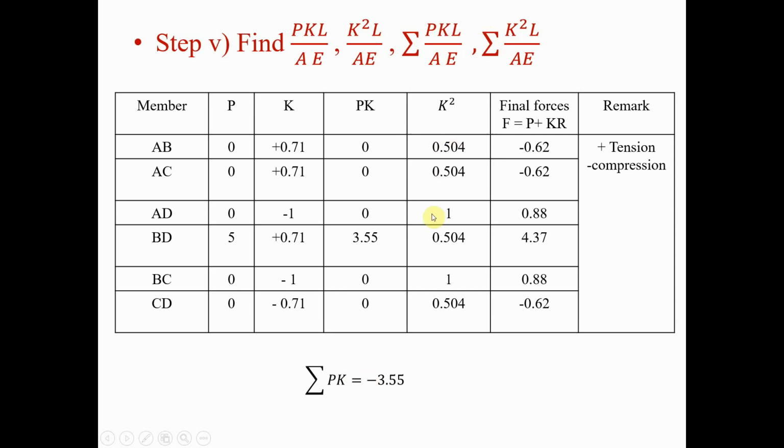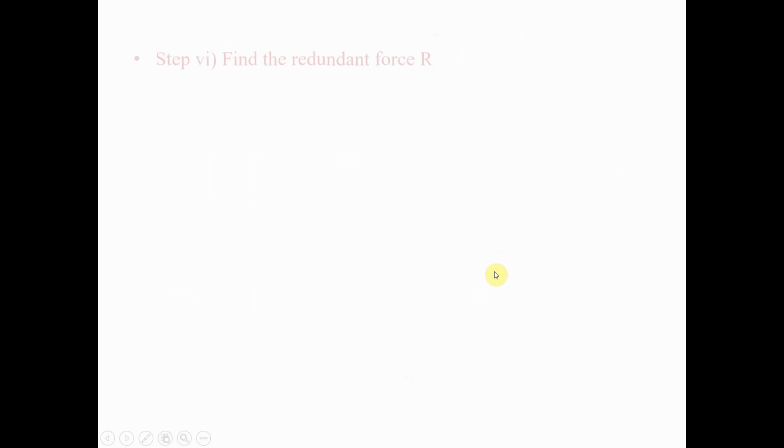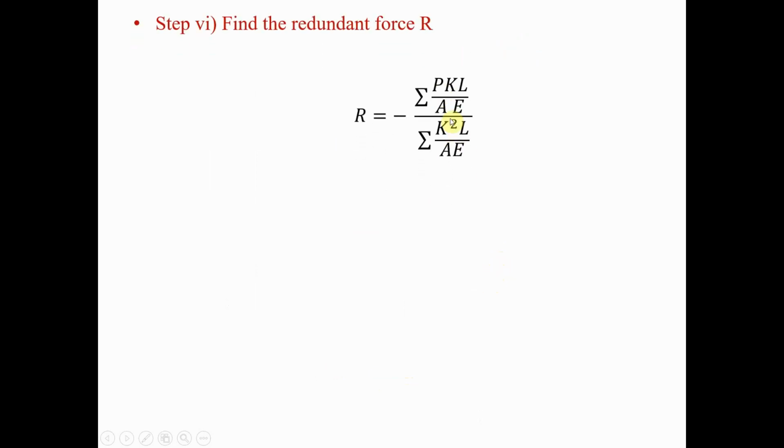Since L upon AE is constant, we can just find summation PK by taking the summation of this column, which is equal to minus 3.55, and summation K square is equal to 4.016. Now let us find out the redundant force, which is the last step of this analysis. So R is equal to summation PKL upon AE divided by summation K square L upon AE. Since L upon AE is constant, R is equal to minus summation PK upon summation K square. We got here 0.88, which is minus.